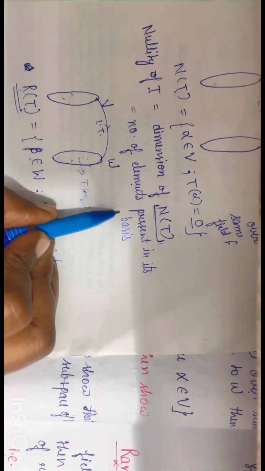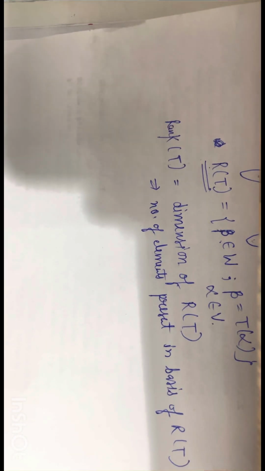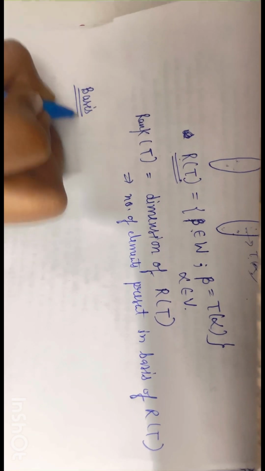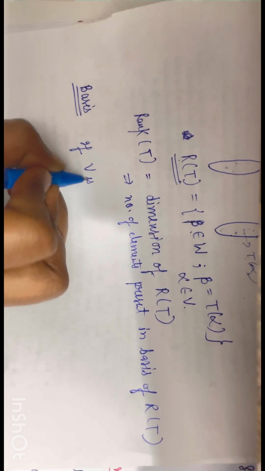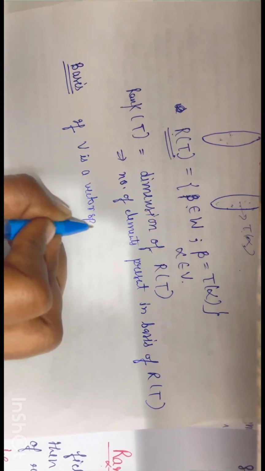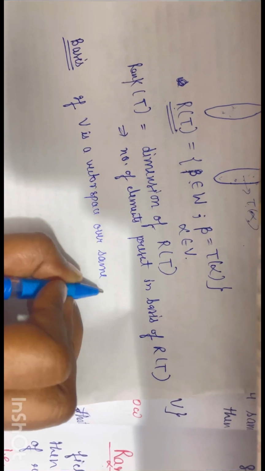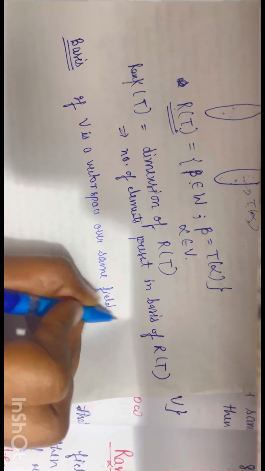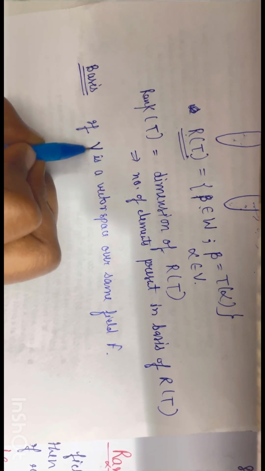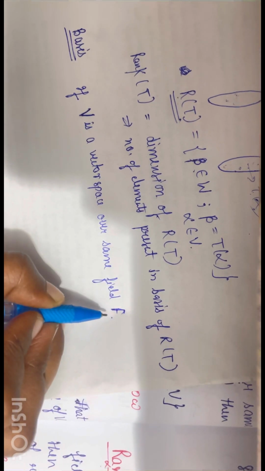So now what is basis? Here, if V is a vector space over the same field F, remember, the elements of V will be vectors, but the elements of field F will be scalars.